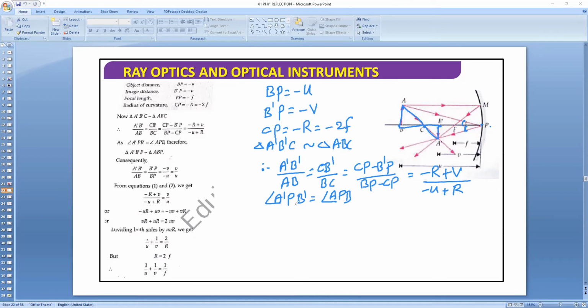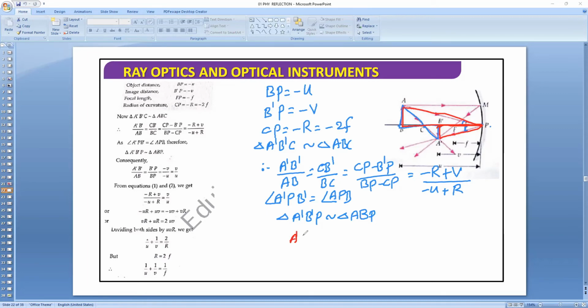Angle I is equal to angle R. Therefore, triangle A'B'P is identically equal to triangle ABP. These two triangles are identical.